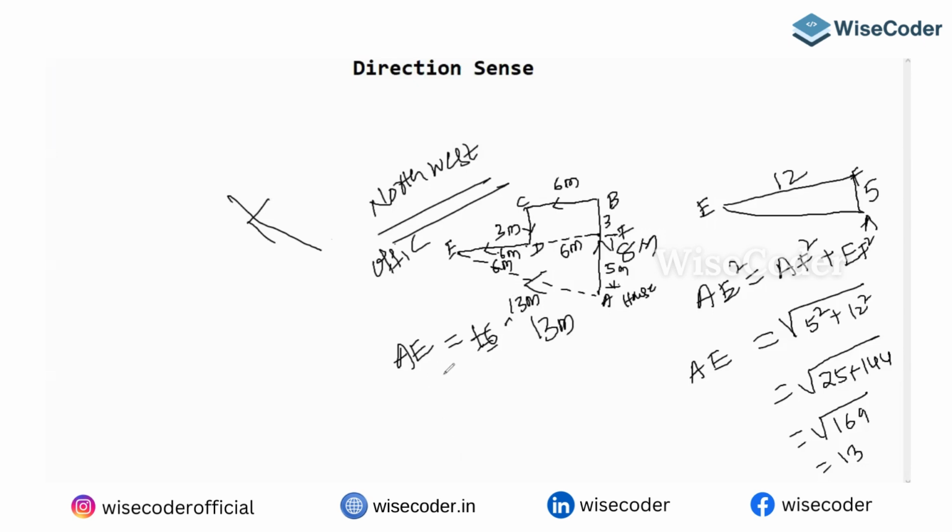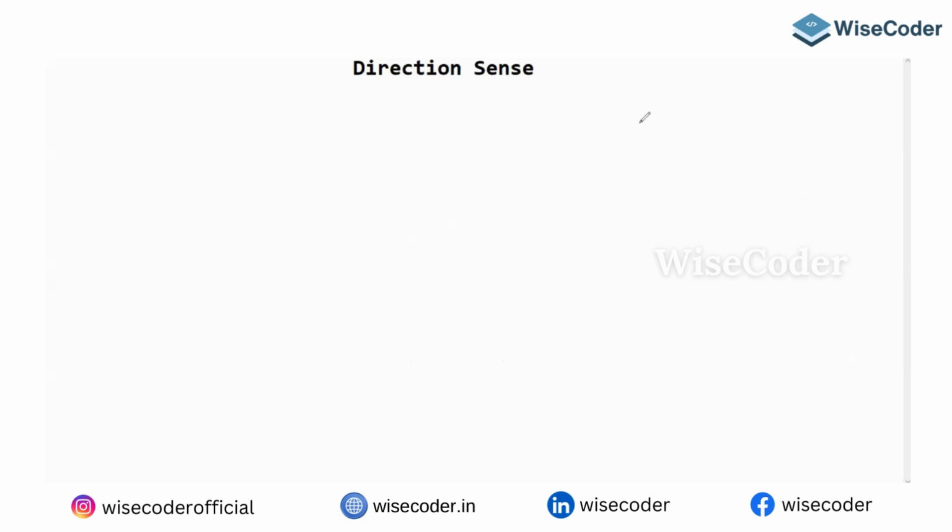So in this particular question, you need to understand the distance between the house and the office, and the direction. So you need to figure out the direction and the distance. We got the distance as 13 meters and the direction as northwest.